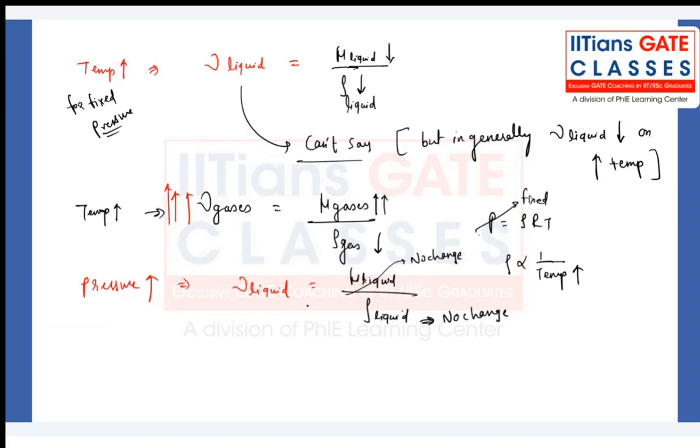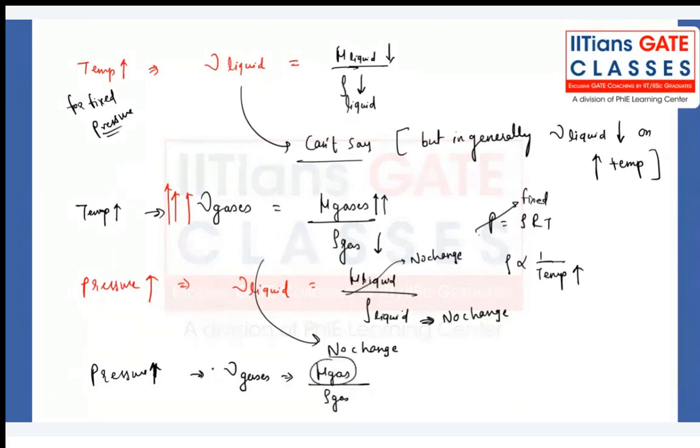So what we are observing? No change, right? What about, when I increase the pressure value, the kinematic viscosity of the gases, mu of gas by rho of gas? Is mu of gas increasing or decreasing?